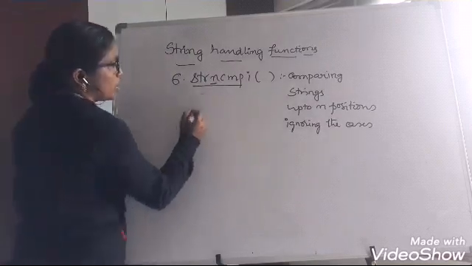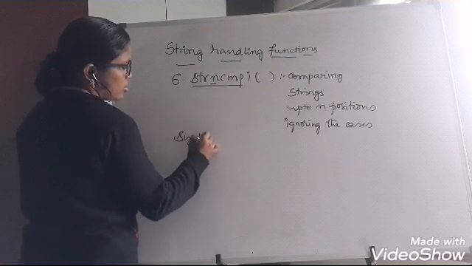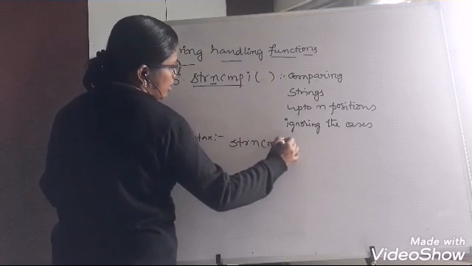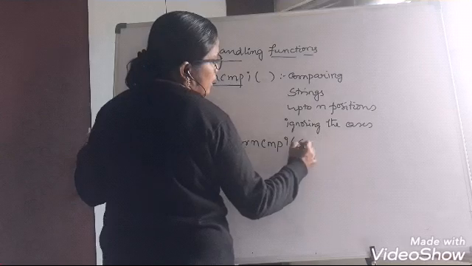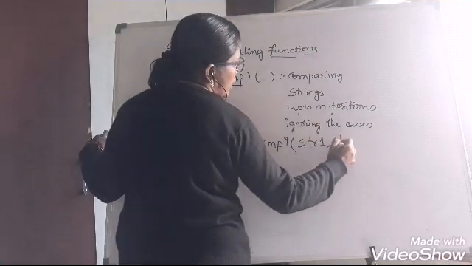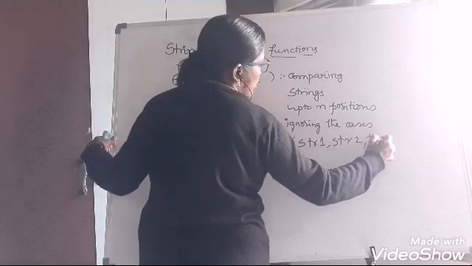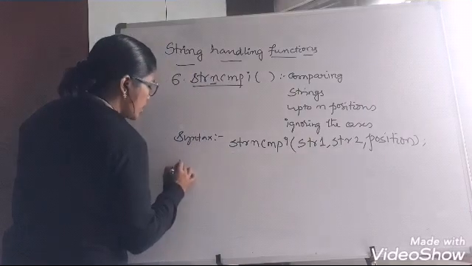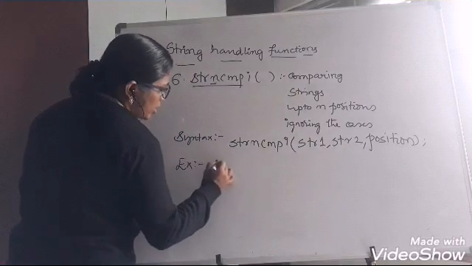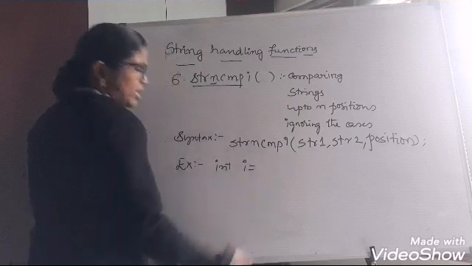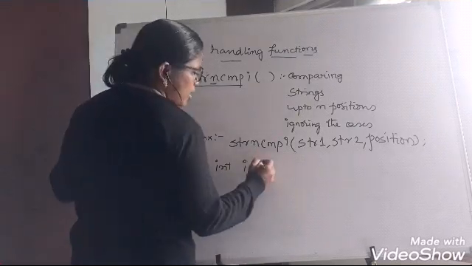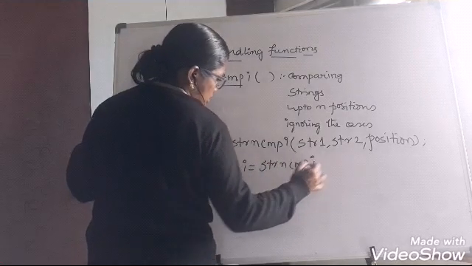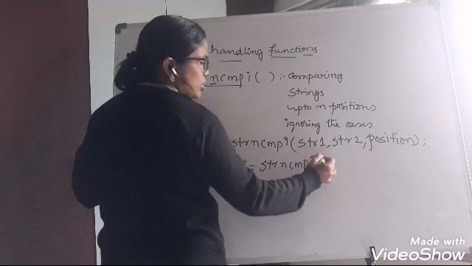Okay, so the syntax: string strncmpi of str1 comma str2 comma position. Whenever it comes with an example, it returns some value. So integer I, and string n compare I is my function call.